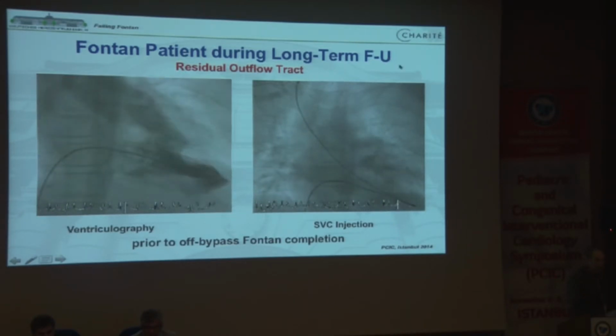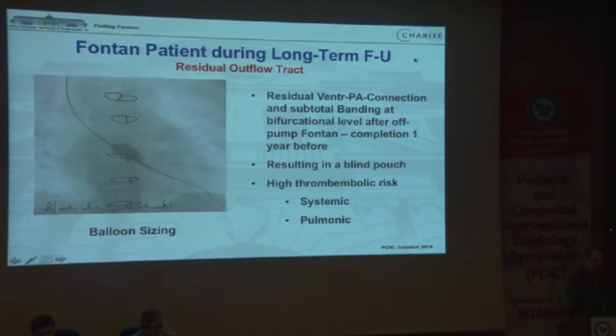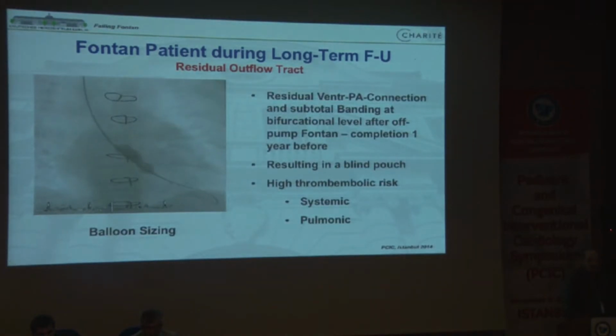And after completion, we have this patient with problems of thromboembolic events. And you see that it is not only the pulmonary artery connected to the ventricle, but also the total banding of the surgeons during the establishing of the pulmonary connection to the veins.